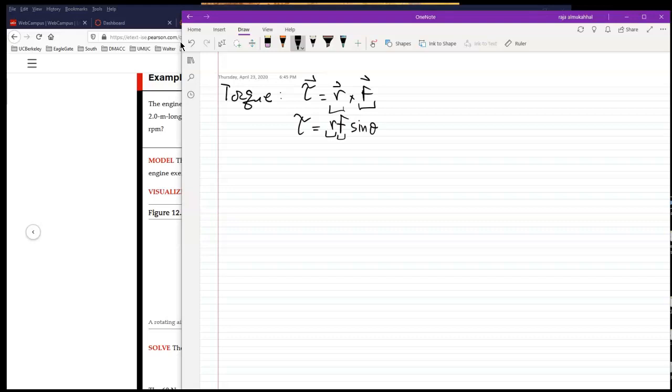This is analogous to Newton's second law, F equals ma, where ma is the kinetic reaction, and F is the sum of the forces, the net force. And the net force produces a kinetic reaction.